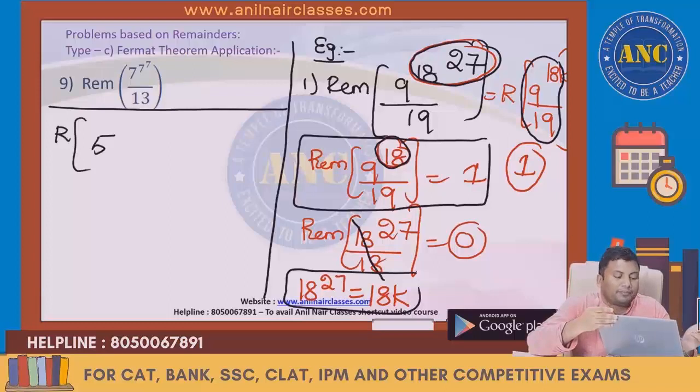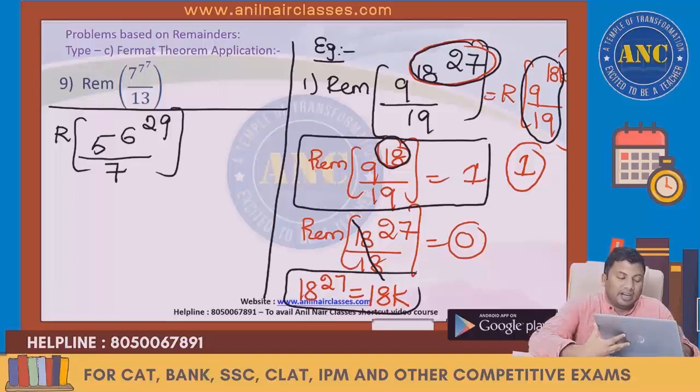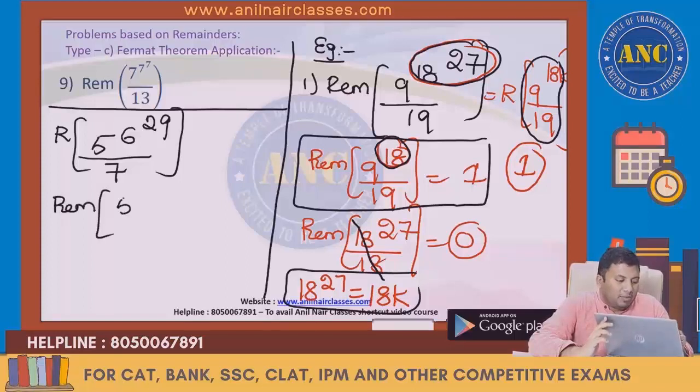5 power 6 power 29 divided by 7. According to this question, the denominator is 7. So 5 power 6 divided by 7 is 1.